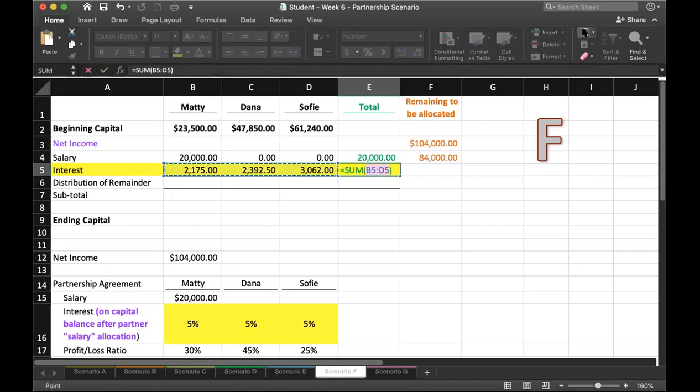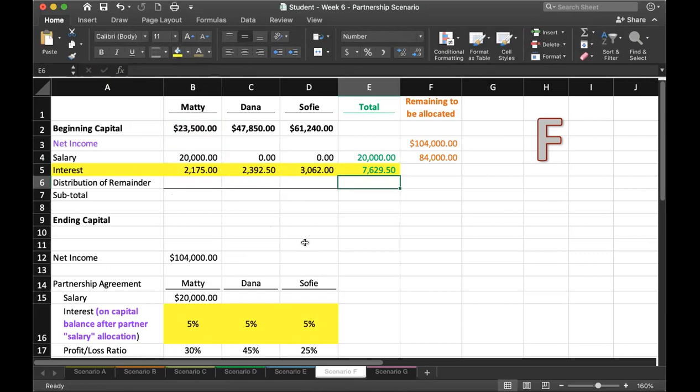The total that would have been allocated for interest to the 3 partners is $76,029.50. And therefore, what's left to allocate is $76,370.50.